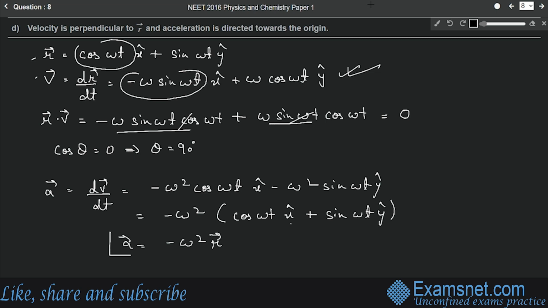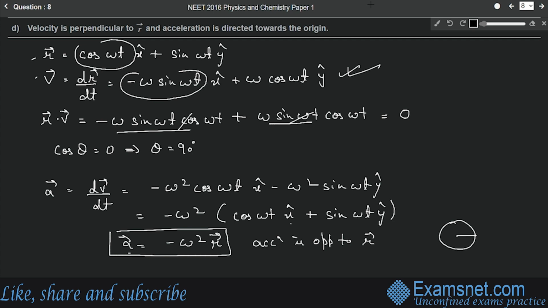Okay, so what does this mean? This minus sign shows that acceleration and position are opposite to each other. Okay, acceleration is opposite to the position vector, and we know that the position vector is always directed from the origin towards the outside.